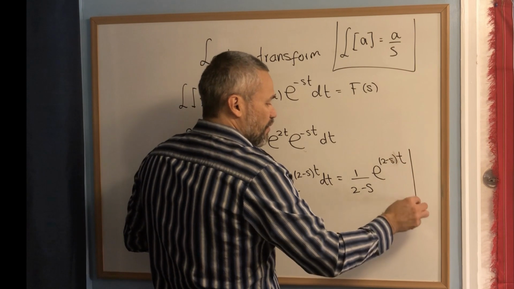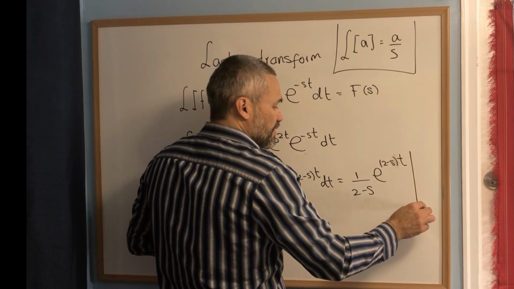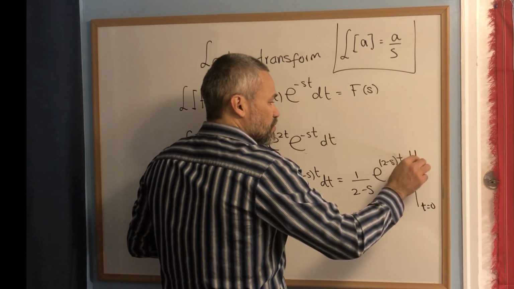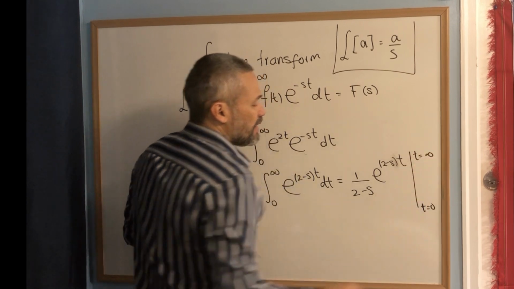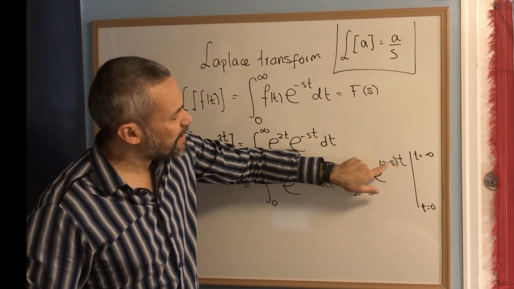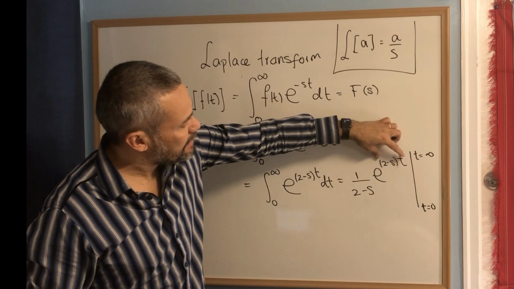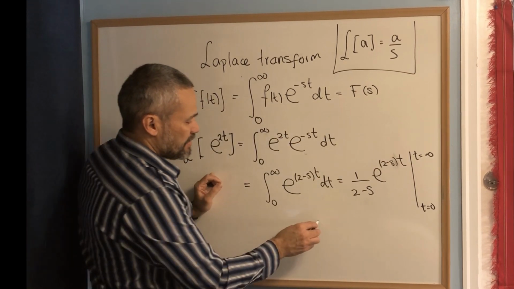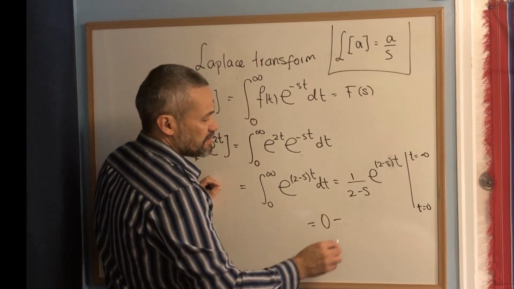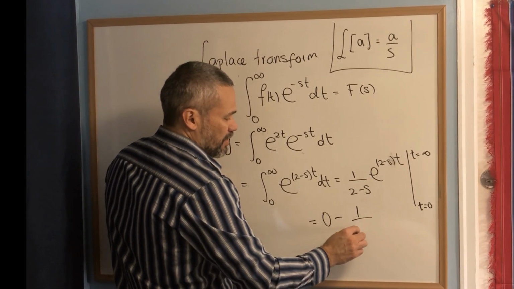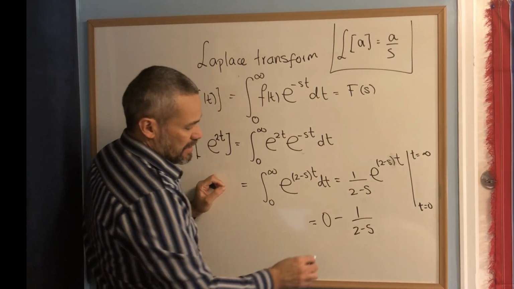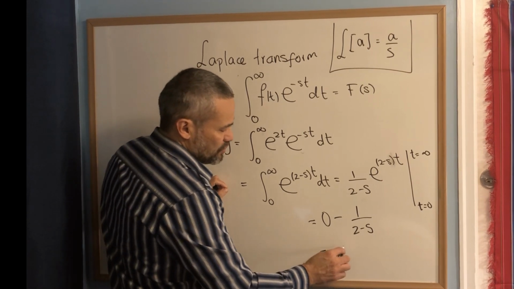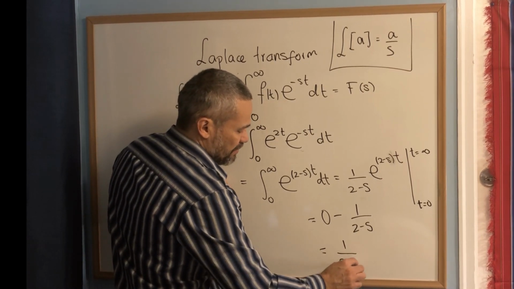And we're going to evaluate this from t equals 0 to t equals infinity. Notice that if s is bigger than 2, then this quantity, when t is big, goes to 0. Then we end up with 0 minus 1 over 2 minus s, and then we end up with the function 1 over s minus 2.